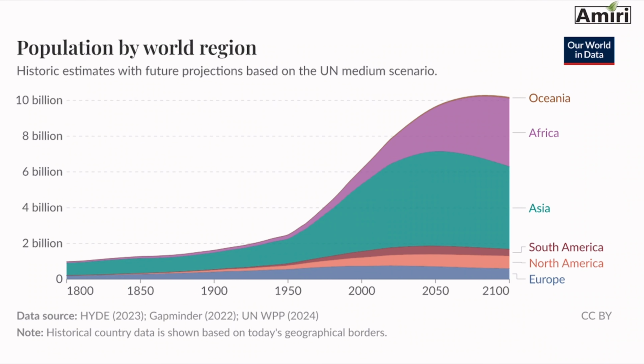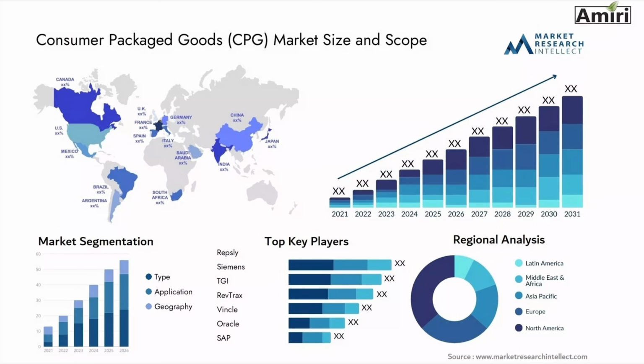Here's another one, broken down by regions of the world based on the population and how much there is. Here are some CPG market sizes and their scopes and some of the projections and predictions that you can see.